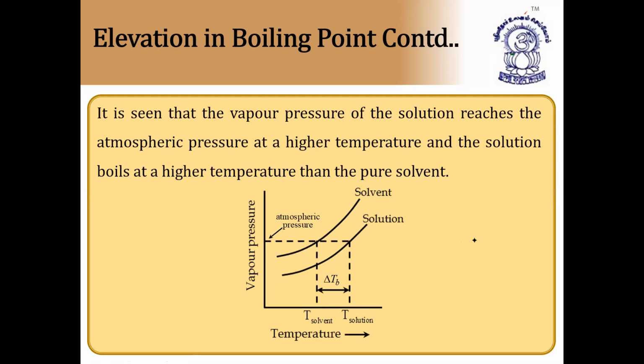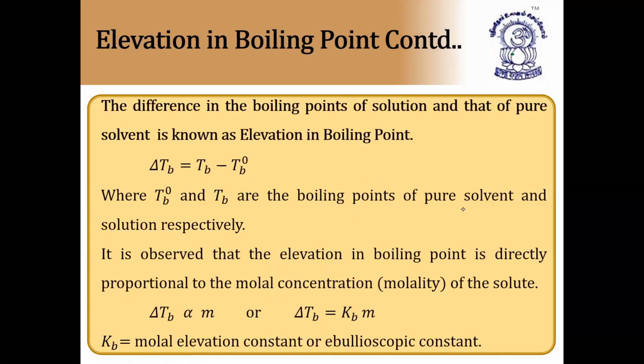So delta TB is called the change in temperature. That is the temperature of the solution after adding solute minus the temperature of the pure solvent. The difference in the boiling point of the solution and that of the pure solvent is known as elevation in boiling point.